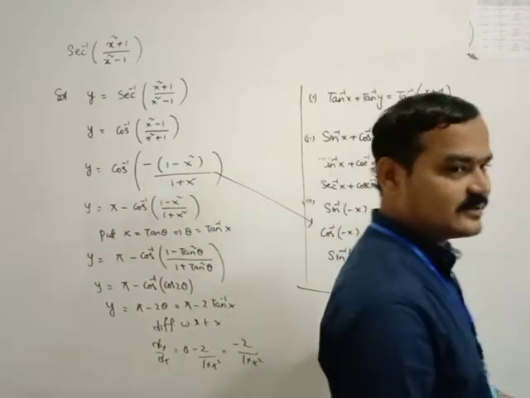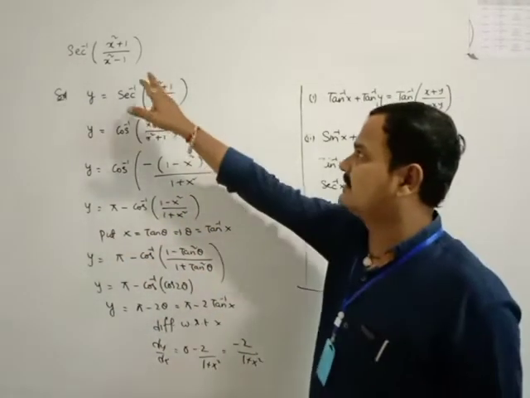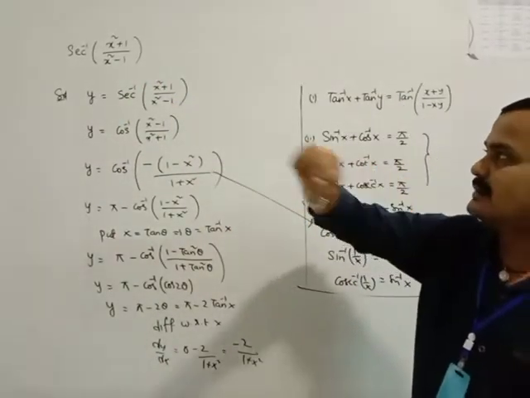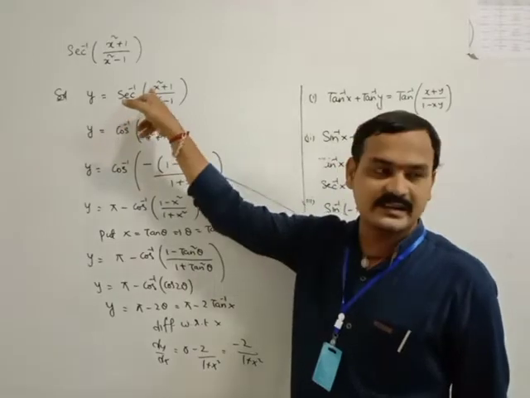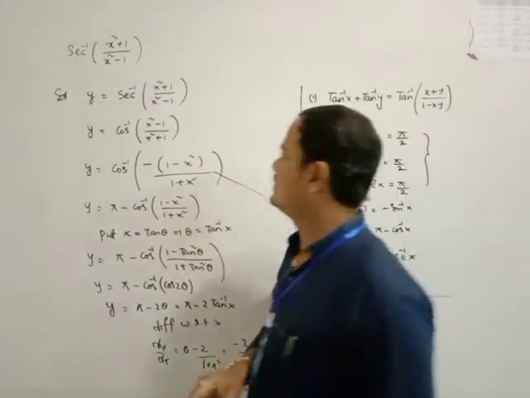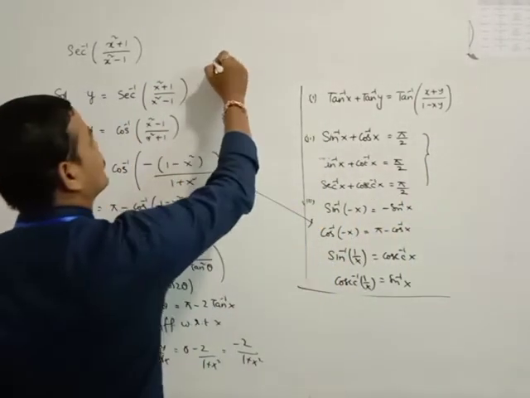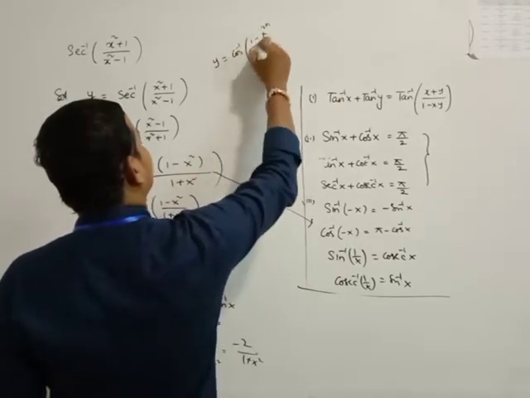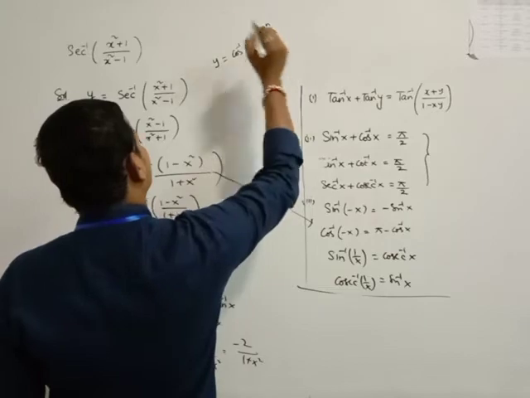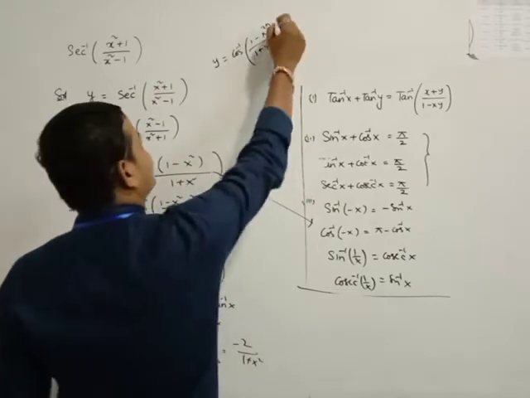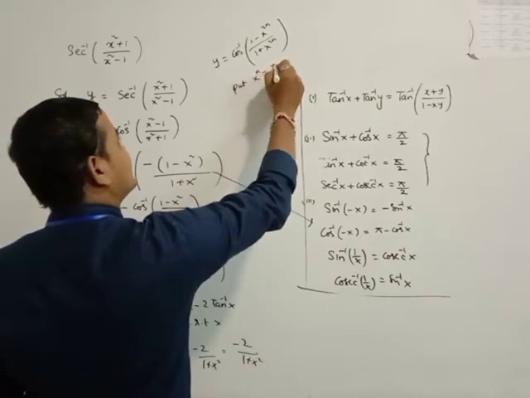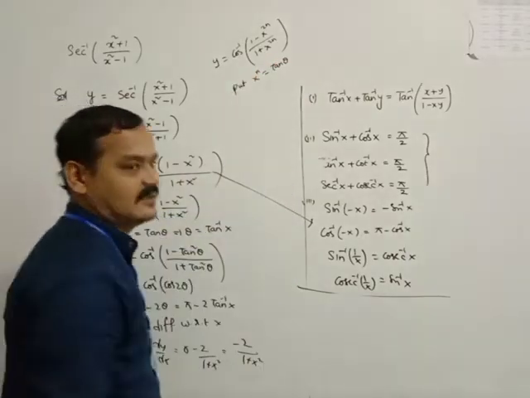This is also one good question. Sometimes in place of x square it is given x power of 4. Actually this is the standard question: y is equal to cos inverse of (1 minus x power of 2n) by (1 plus x power of 2n). Then for the derivative, put x power of n is equal to tan theta. n can be in any form.